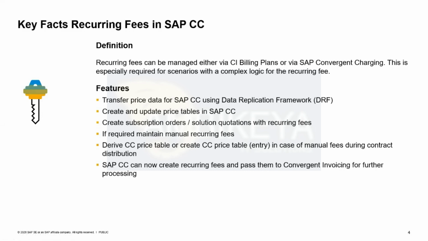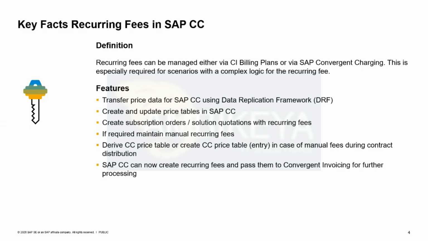But for scenarios where a complex recurring fee calculation is required, for example, if a customer is charged a flat recurring fee of $299 per month, but if the number of users using the service crosses 100, then the customer need not be charged a recurring fee.